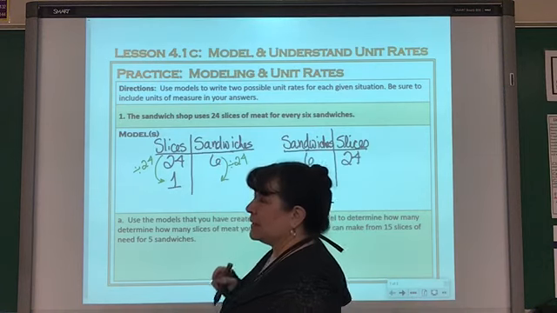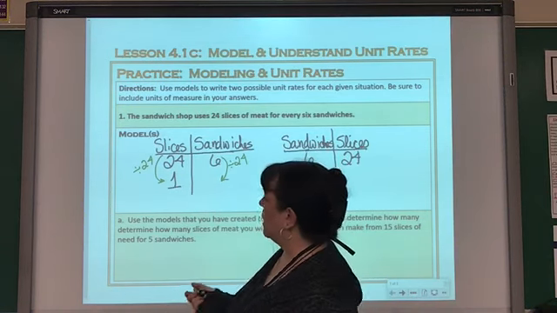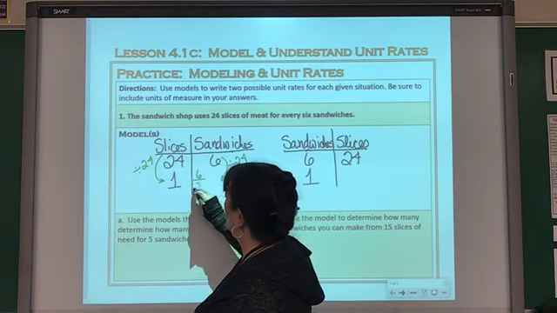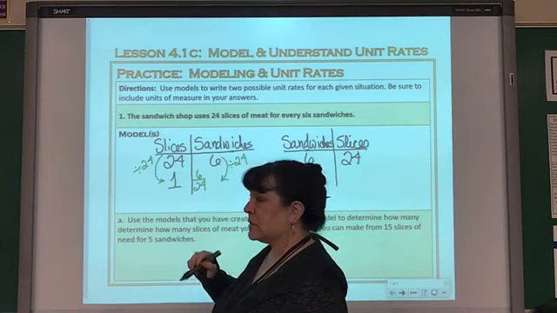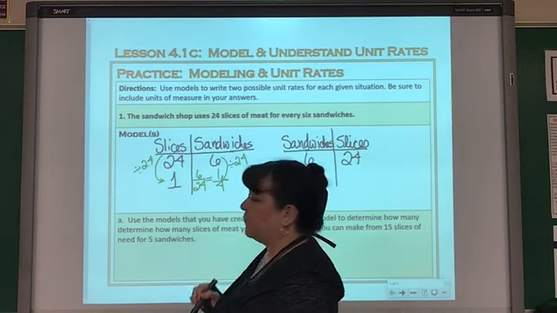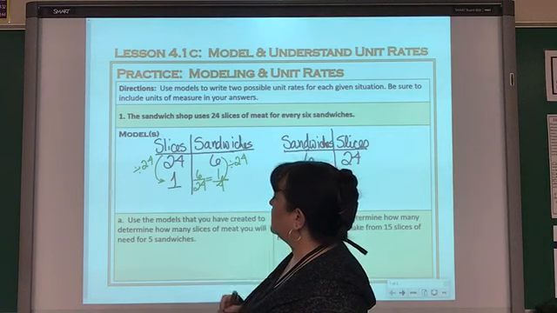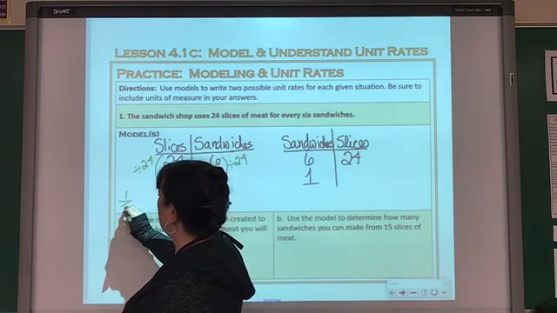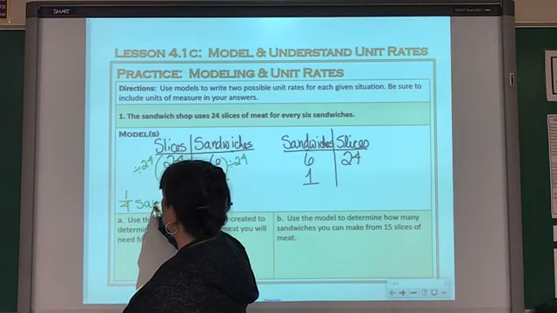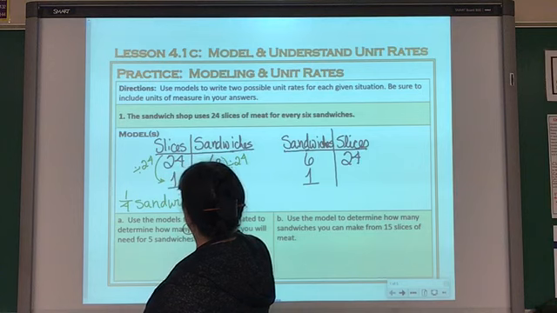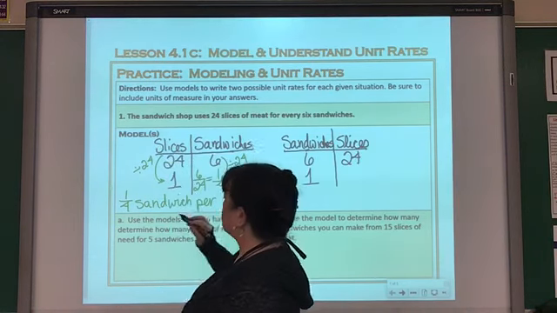When I do that, 6 divides by 24, that's kind of a little weird unless you think about it in its fraction form. 6/24, which would simplify to be 1/4. And that means that my unit rate would be 1/4 sandwich per slice of meat.